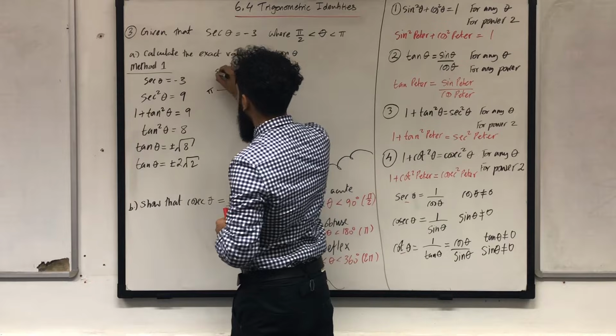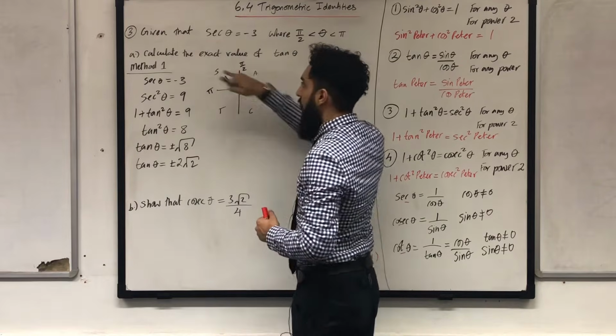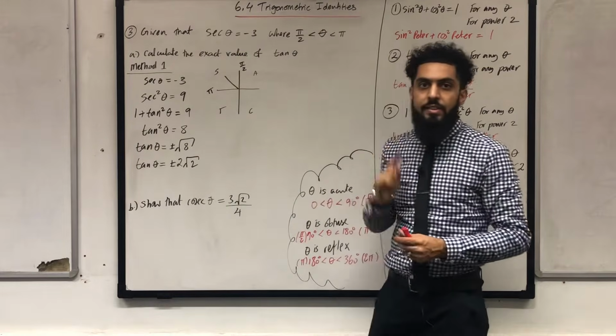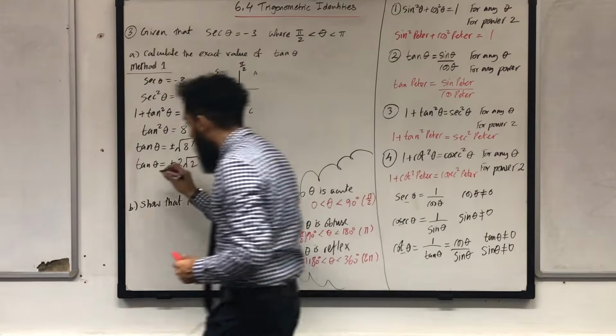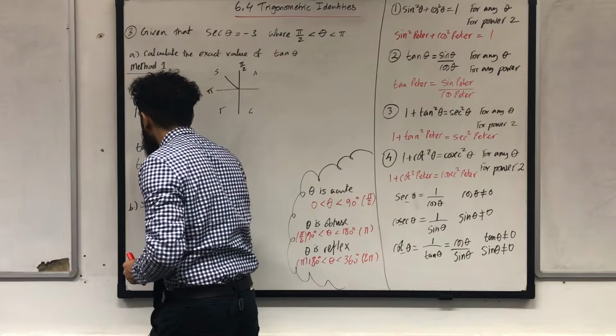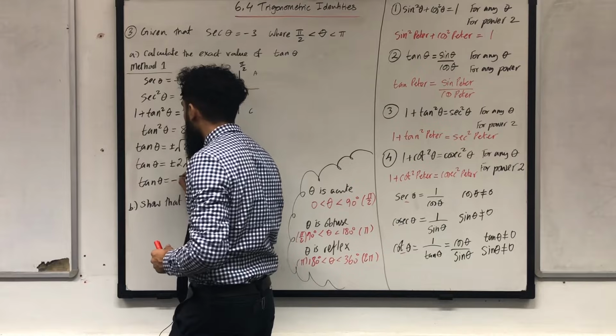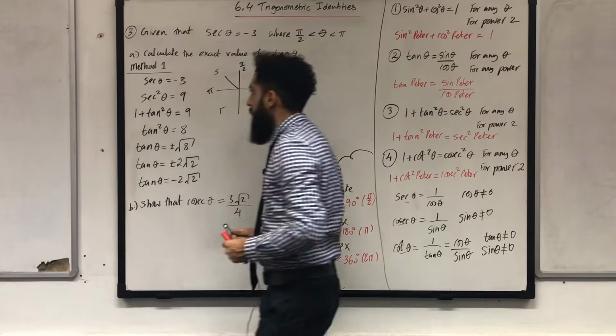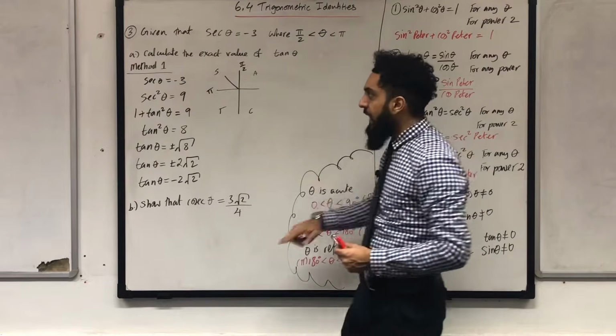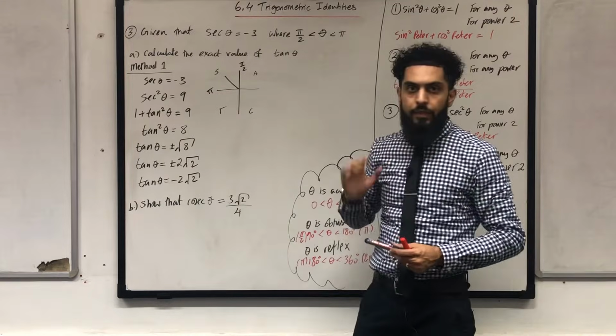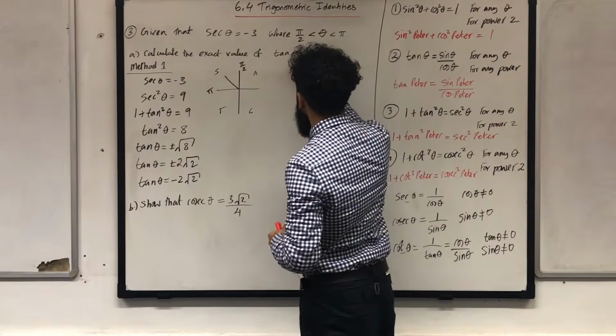C, A, S, T. In this quadrant, only sine is positive, the rest is negative. Hence, I take the negative value for tan. So tan theta is equal to minus 2 root 2. And there you have it. That's the end of method 1. Let's look at method 2.